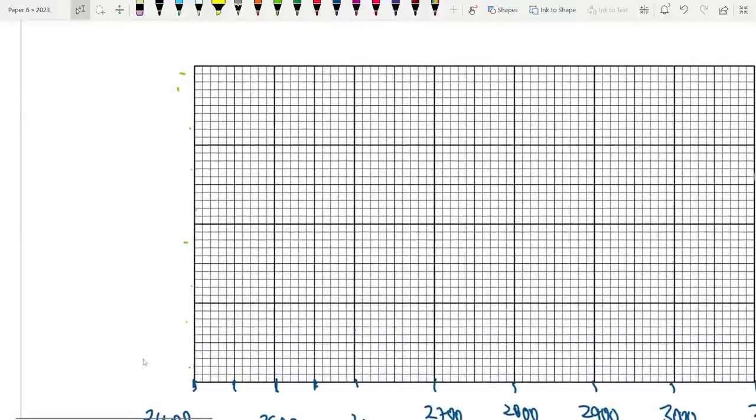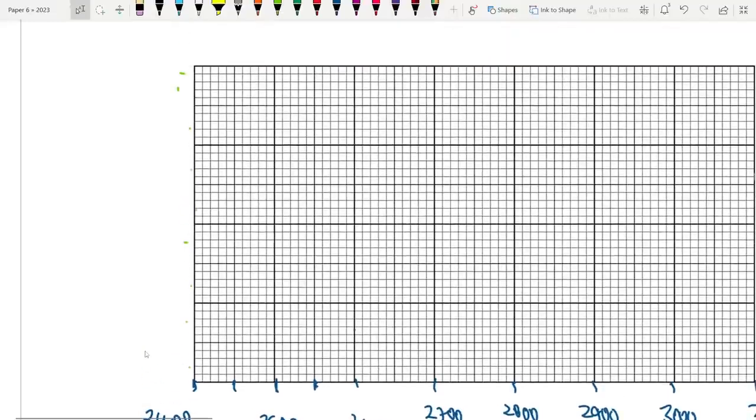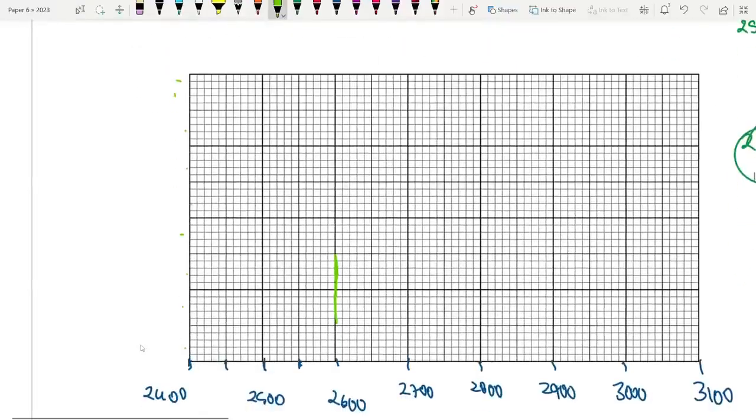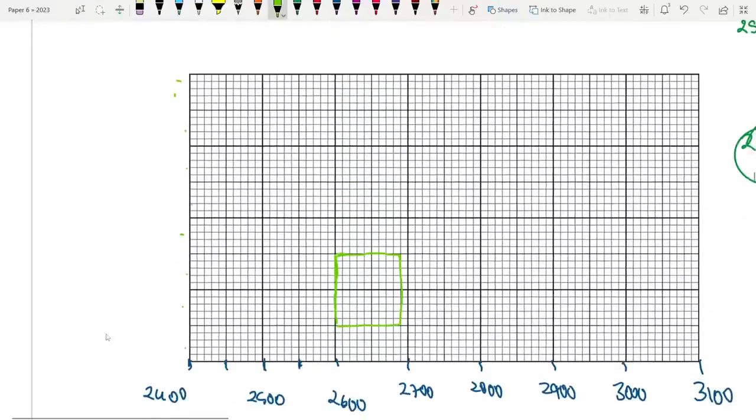So yeah, we can start with this. So 2600, which lies over here, like this. And then where is Q2? 2690, 2780. Each box is 10 over here. So 2690 and 2780. 8 boxes away.